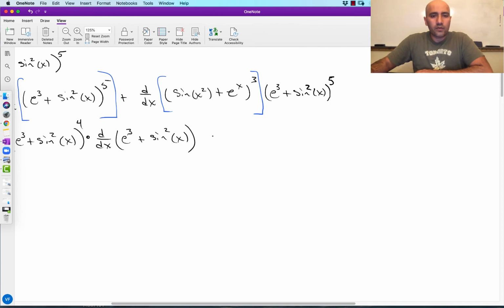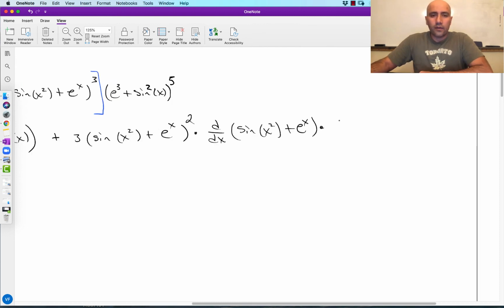So then this will be plus 3 sine of x squared plus e to the x to the power of 2 times the derivative of the inside part, d/dx of sine x squared plus e to the x times e to the third power plus sine squared x raised to the power of 5.